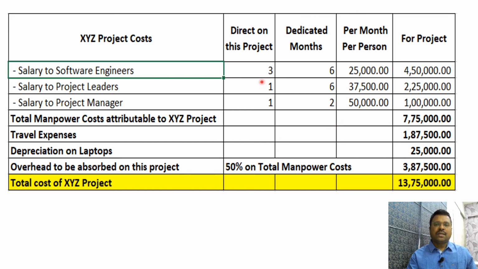Hope you understand this costing of IT ITeS industry, how the manpower cost is identified and how overheads are allocated on the basis of manpower cost. This is the important aspect with respect to this particular industry.